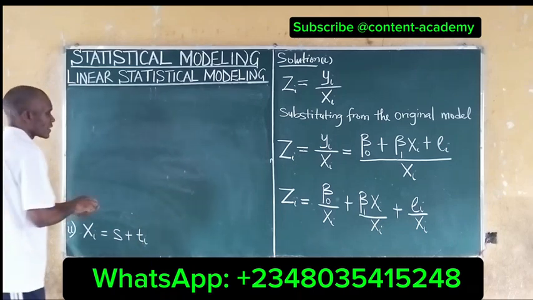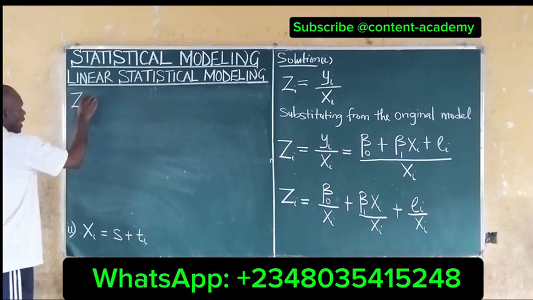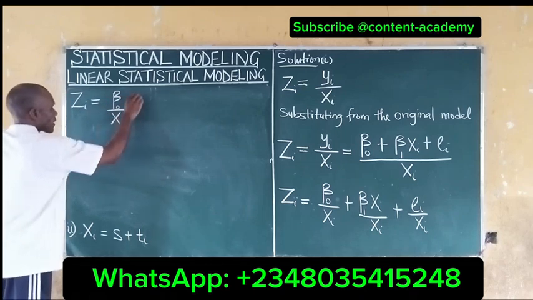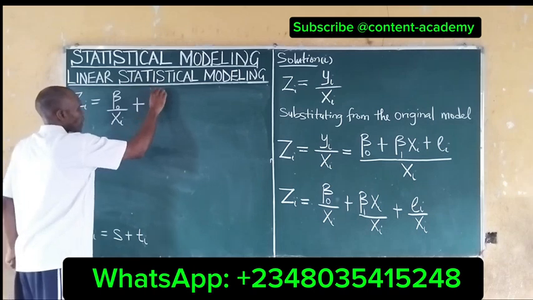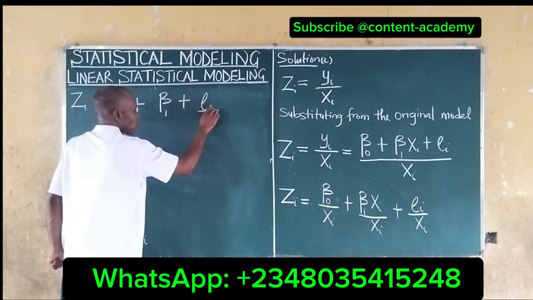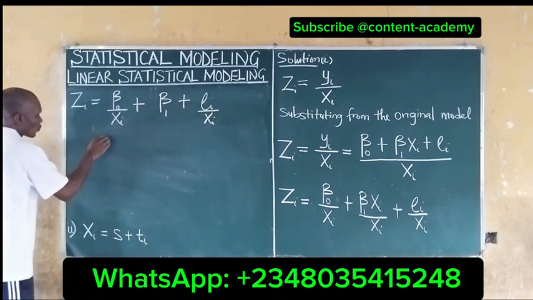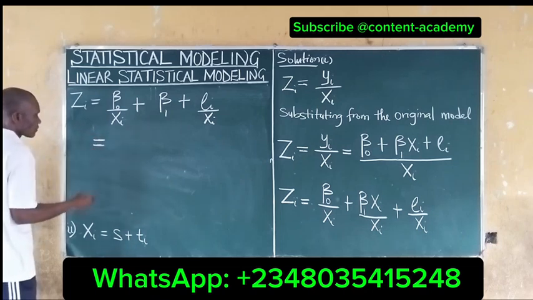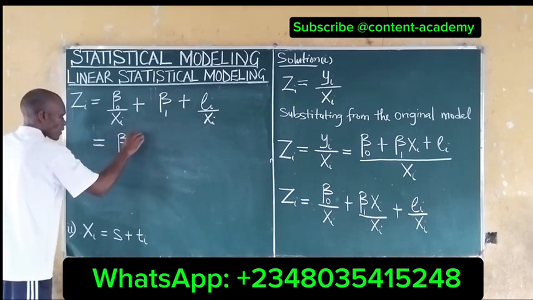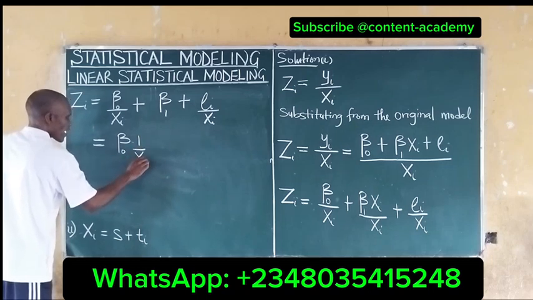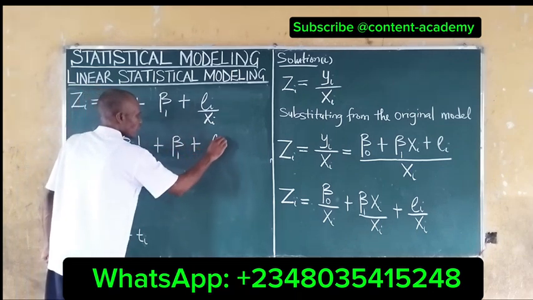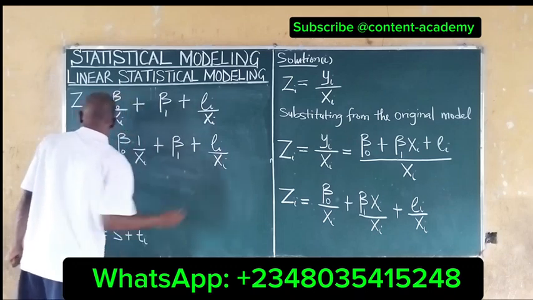So we can write our z to be equal to b naught all over x_i plus b1 plus e_i all over x_i, which is also the same thing as b naught multiplied by 1 all over x_i plus b1 plus e_i all over x_i.